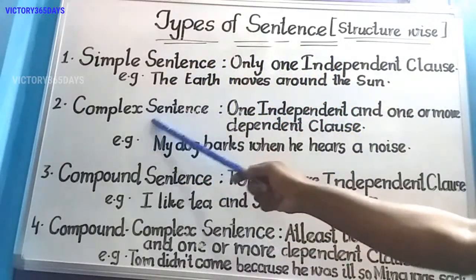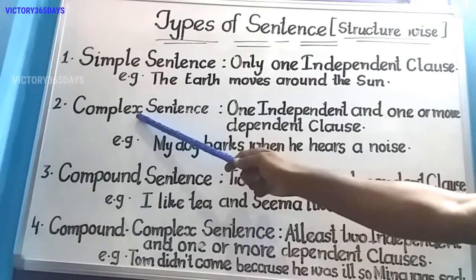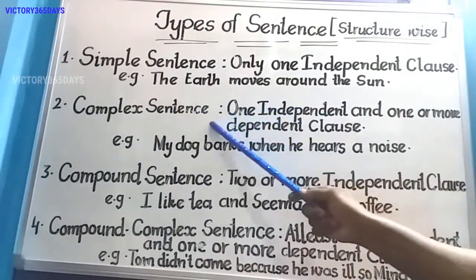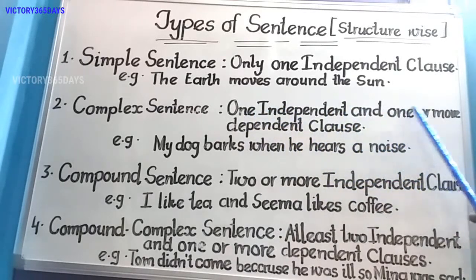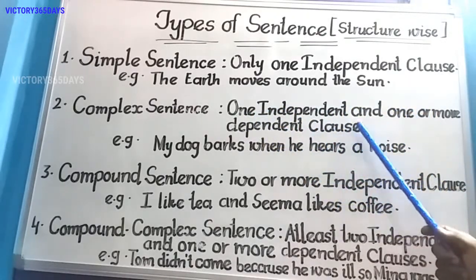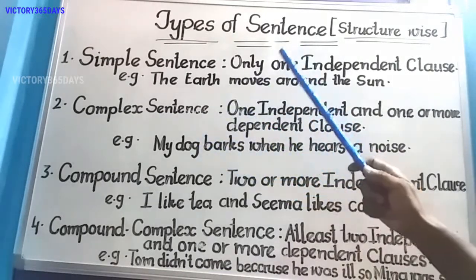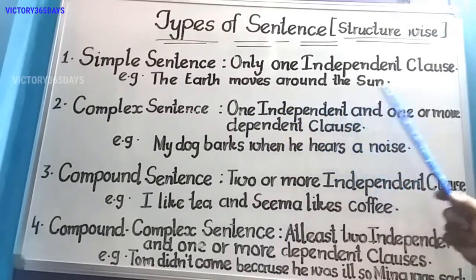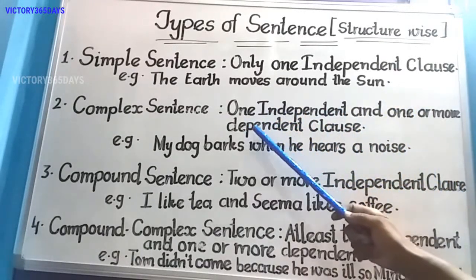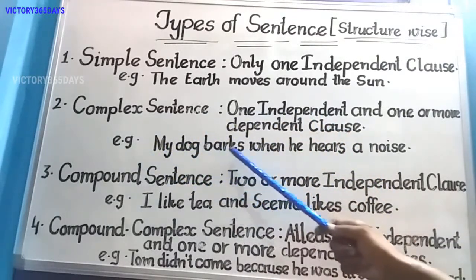Next up, complex sentence. Complex means which confuses you. It consists of one independent and one or more dependent clauses. Dependent clause means which depends on another independent clause. So it must have one independent clause, and maybe one or two dependent clauses. For example, see, my dog barks.